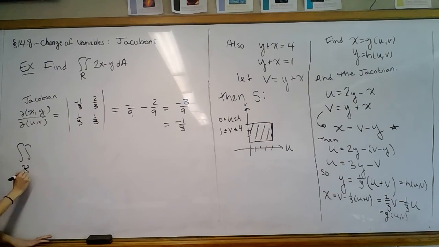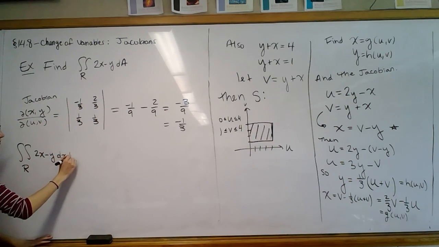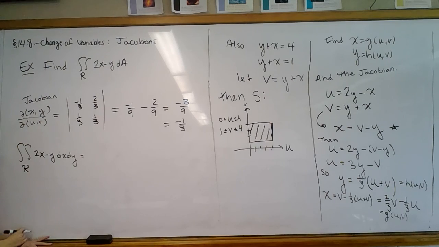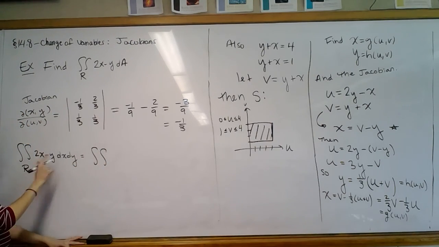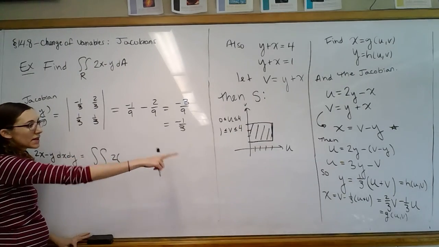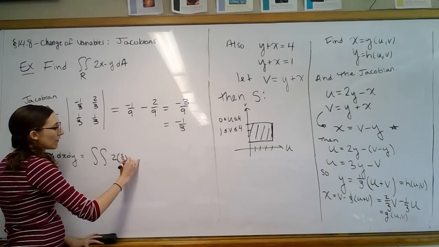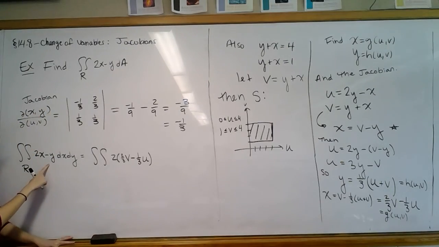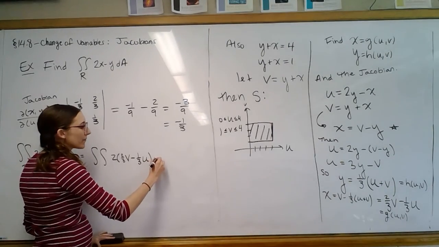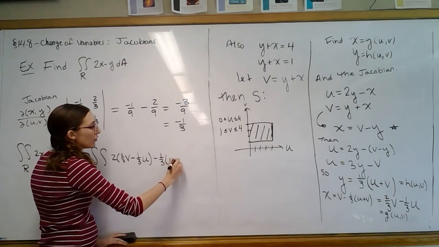So my integral with respect to r of 2x minus y with respect to, let's say, x then y. Well, now we're going to have 2 times x, which we said was 2/3 v minus 1/3 u, minus y, which was 1/3 u plus v.